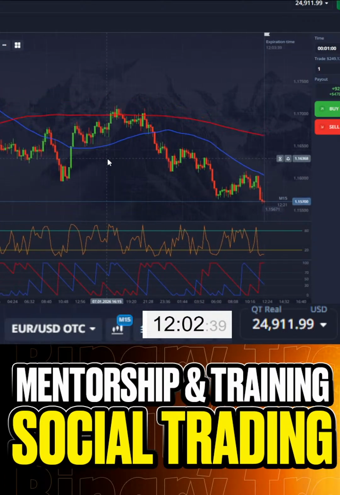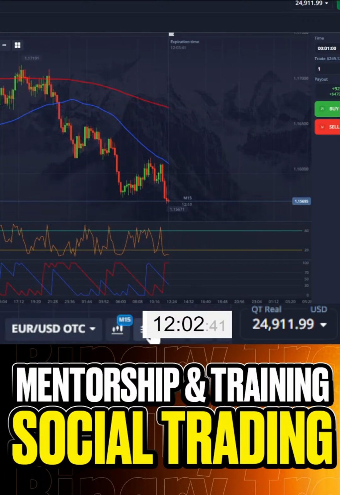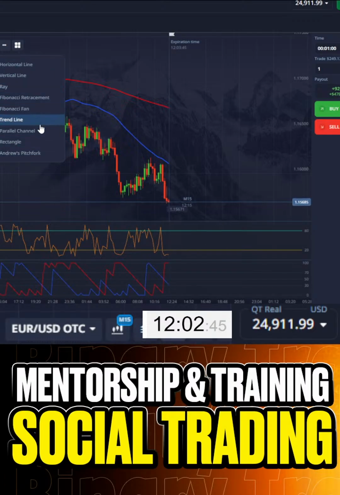How can you know about this? We have some kind of tools. You need to know how to use all of this. This is horizontal line, vertical array, Fibonacci retracement. This is a very helpful instrument which can show you some kind of targets. Also trend line.